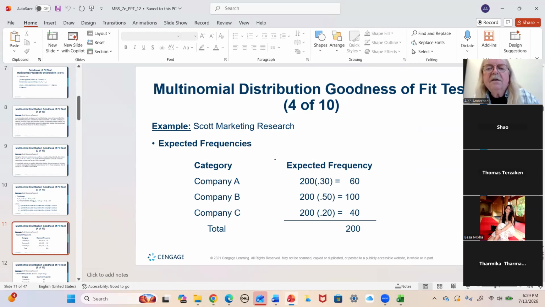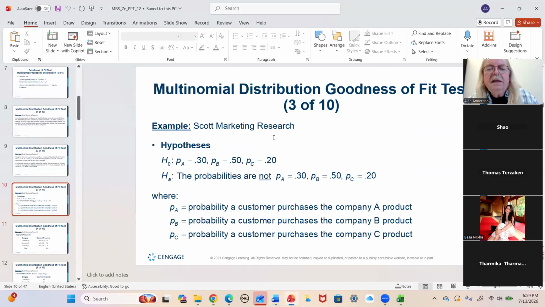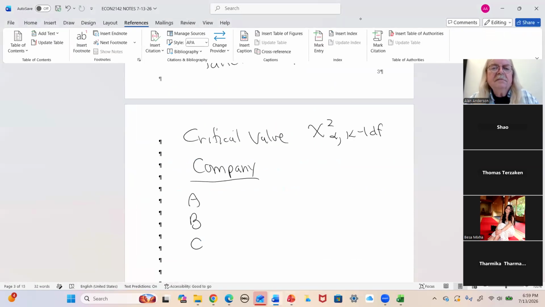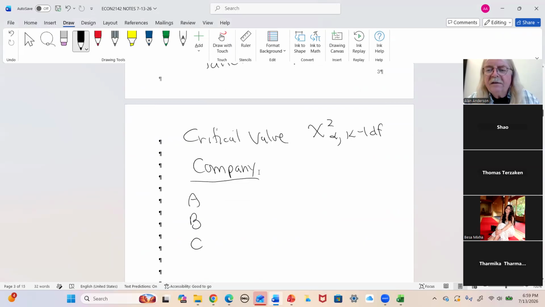So they're telling us that the probabilities of being in each category are 30, 20, 50, and 20 respectively, and they know that from historical experience. In other words, they're saying that this market share, actually, I should have put this in here first.